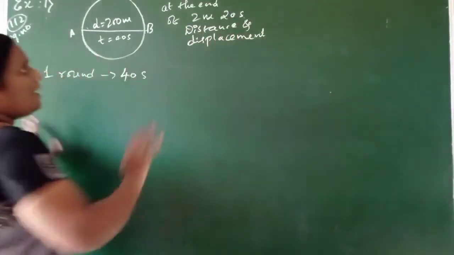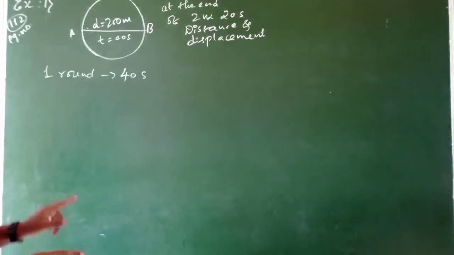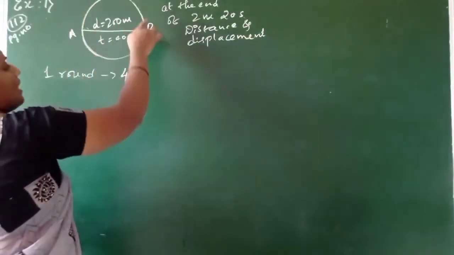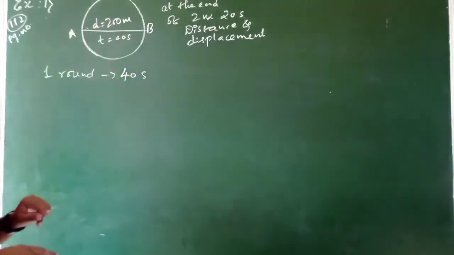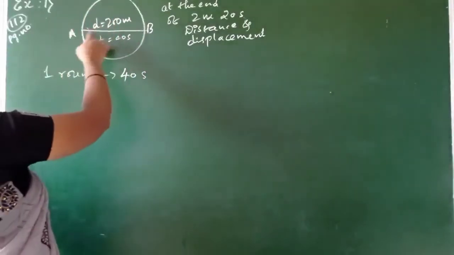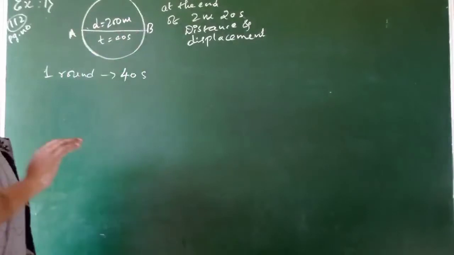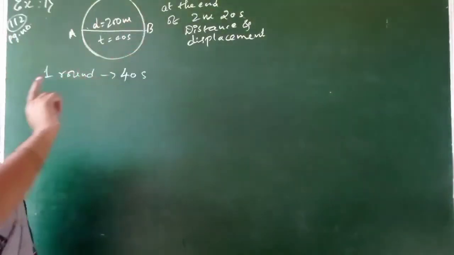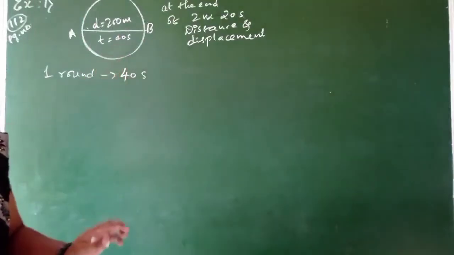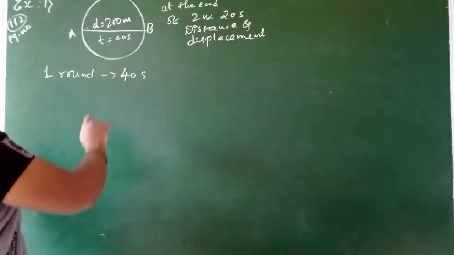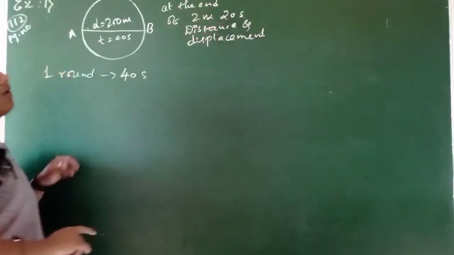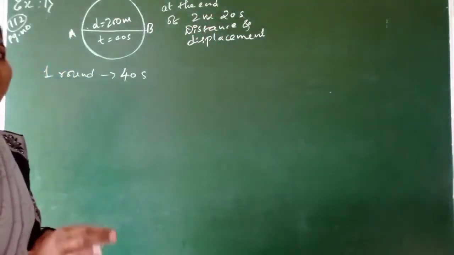What they have given: an athlete is making a round on the circular path from position A to B, which has a diameter of 200 meter, and to complete this one round he takes 40 seconds. And we need to calculate the distance and the displacement at the end of 2 minutes and 20 seconds.